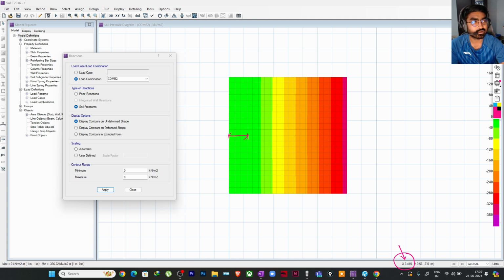And here, if you take your cursor to this grid, you can see x is -0.7. What is the difference between these two? The difference is 0.3 meters. So we are also getting a similar value, 0.34 or 0.3, correct?